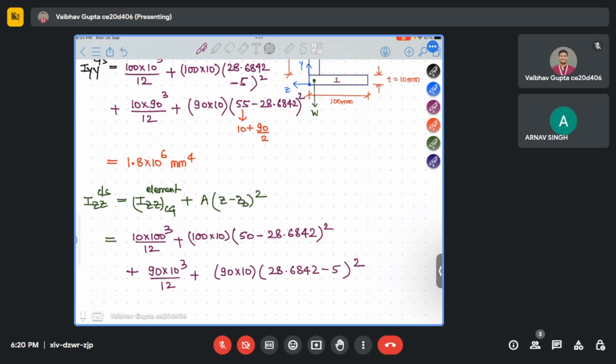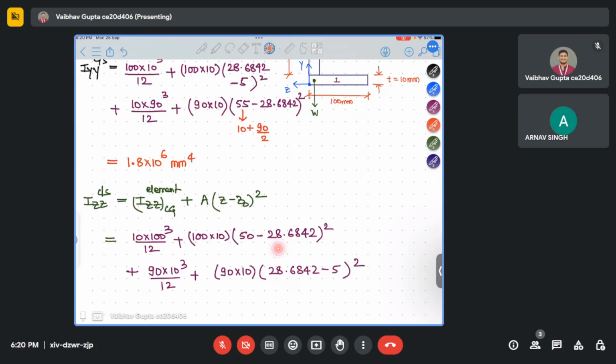Any doubt? No, sir. One thing I'll tell you. Why have I taken 28.6842 on the right-hand side here, and first here? The motive is that we take the distance as positive; the subtraction should yield a positive value. If you subtract 50 minus 28.68, it comes as a positive number.